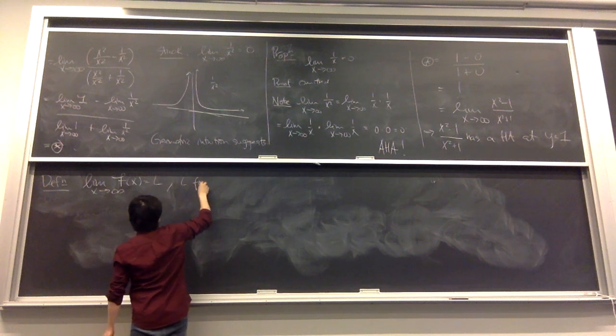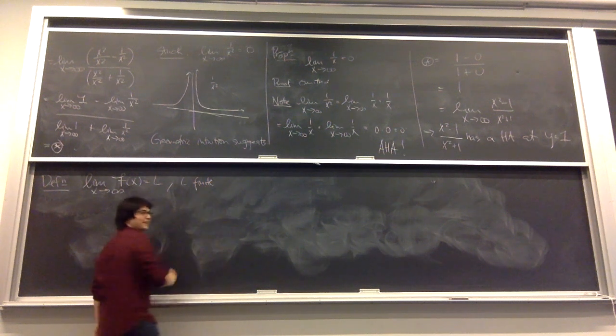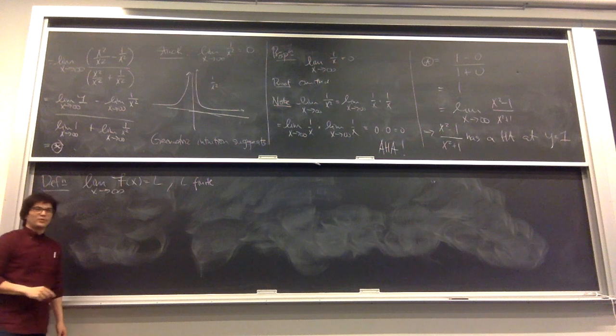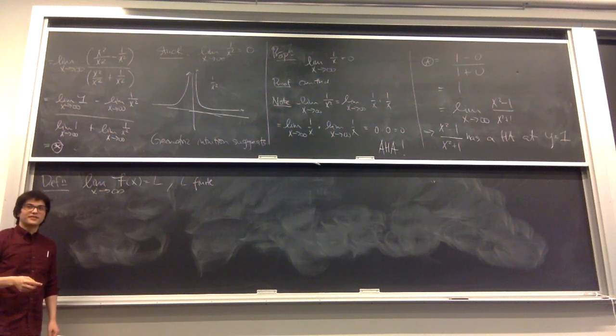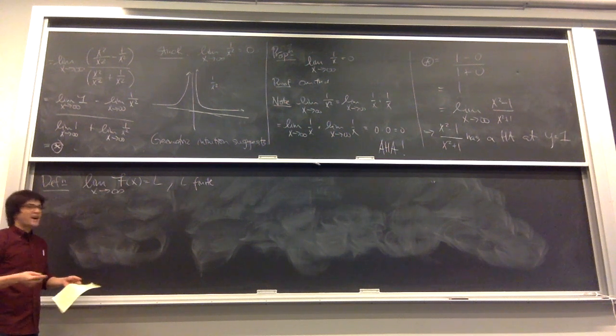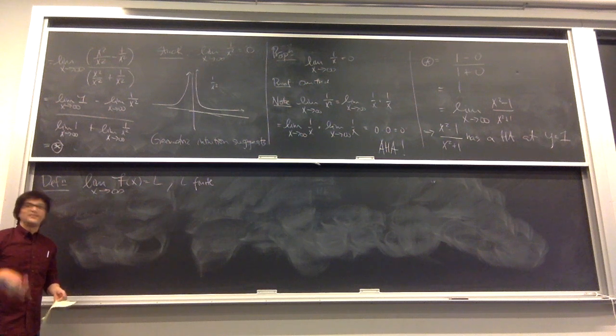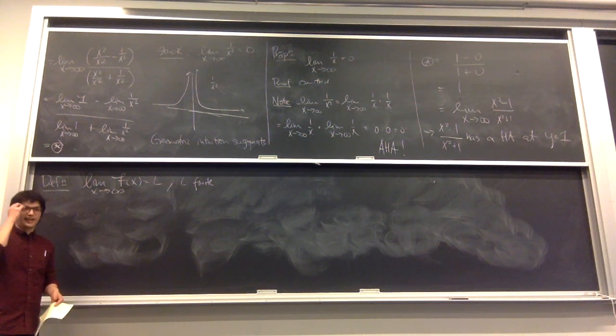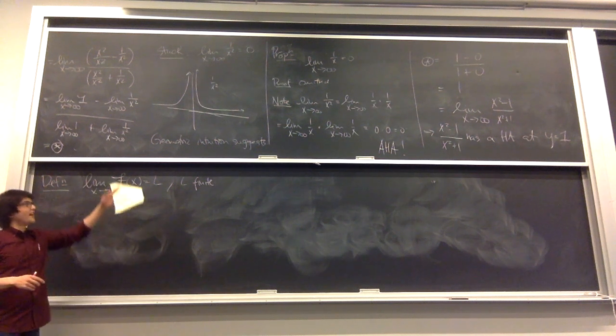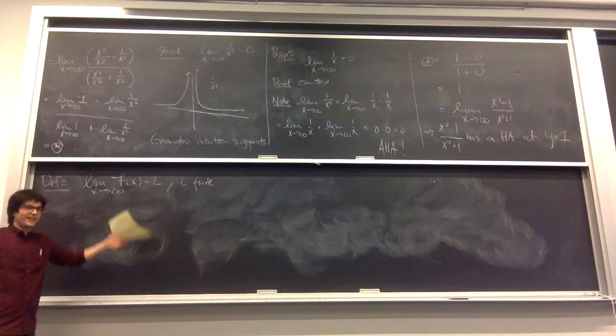Do you know what it means when I say L is finite? Do you know what it means to be infinite? Okay, so finite is the opposite of that. 7 is finite, 8 is finite. Give me another number. Finite. The only thing that's infinite is infinity.